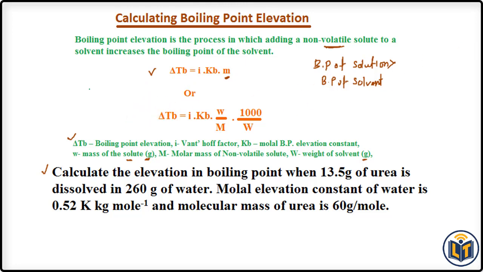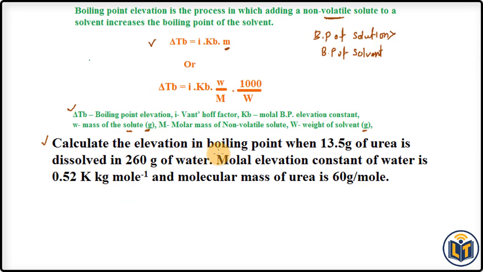The problem says to calculate the elevation in boiling point. It means that we have to calculate the delta Tb value. 13.5 gram of urea, this is the solute, is dissolved in 260 gram of water. This is the solvent. Here you can see that the solute is added to the solvent, and this is a non-volatile solute.